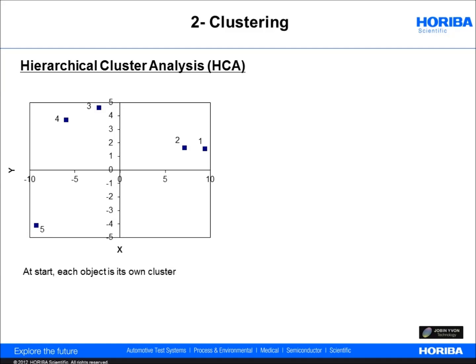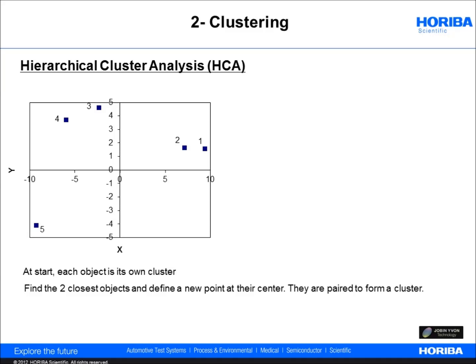At start, each spectrum is its own cluster. Then, all the distances between the different clusters are calculated to find out which clusters are the closest ones. In this example, spectra 1 and 2 are the closest ones and are paired to form a new cluster.